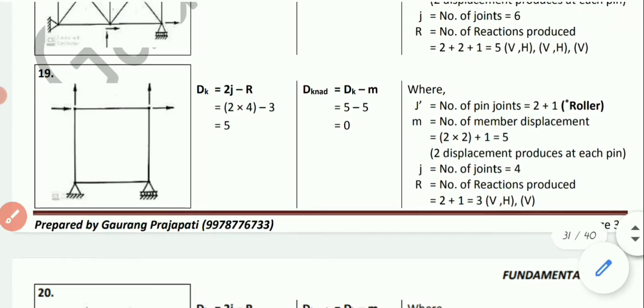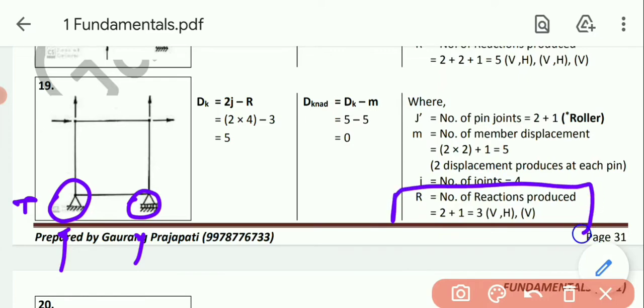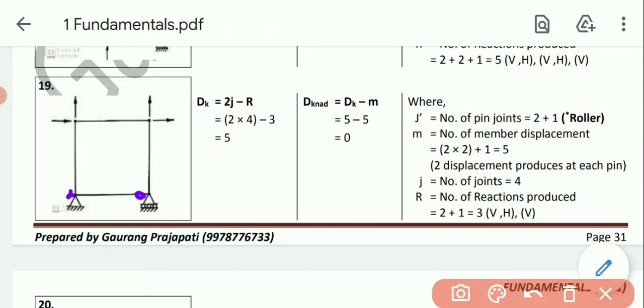Clear? Example number 19. Now hinge support, so vertical and horizontal, roller support again vertical. So R, that is 2 plus 1, that is 3. Joints 1 2 3 4, number of joints is 4. J dash, pin joints: these two are the pin joints, plus 1 for the roller support.